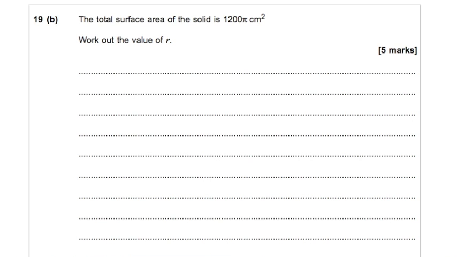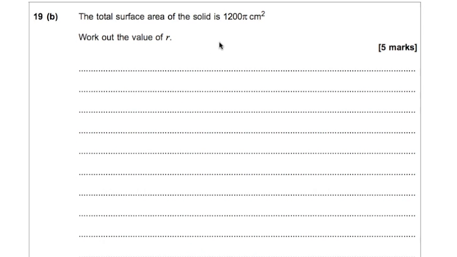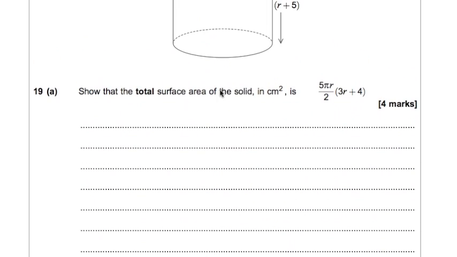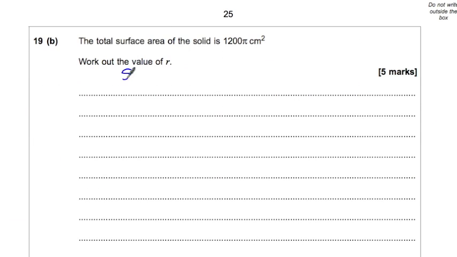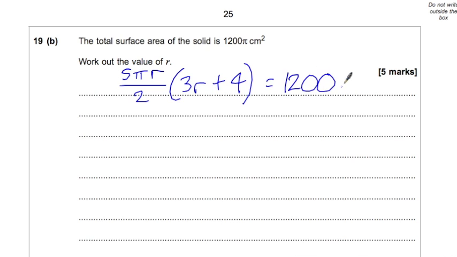Right, so 19b, the total surface area of the solid is 1200 pi centimetres squared. Work out the value of r. So we've got to set 5 pi r over 2, 3r plus 4 equal to 1200 pi. I don't like this 5 pi over 2.